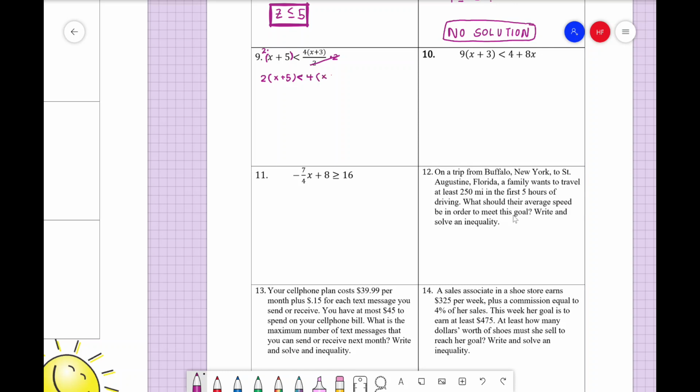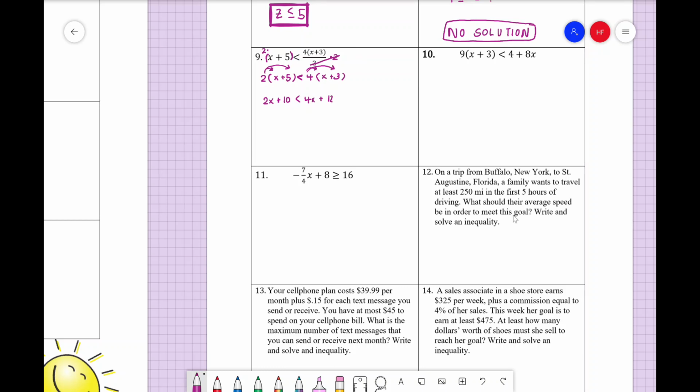So don't just multiply the x by 2, make sure you're taking that whole side and multiplying it by 2. We're going to distribute this 2 on the left, 4 on the right. We got double distribution. So 2 times x is 2x, 2 times 5 is 10, less than 4 times x is 4x, 4 times 3 is 12.